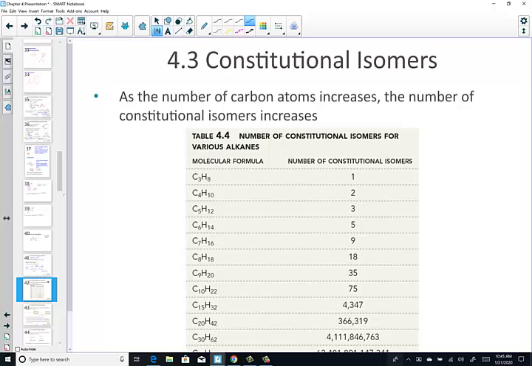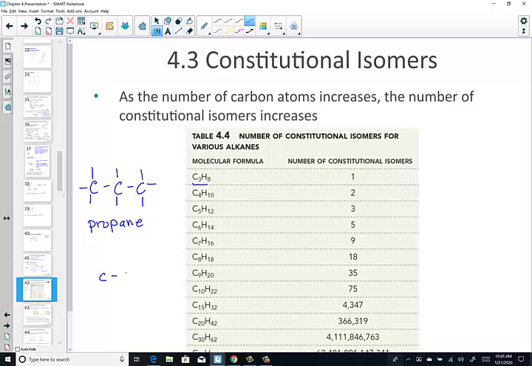Let's say, for example, we have C3H8. One way we can arrange C3H8 is a straight chain, 3 carbons just bonded in a row, and we know to label that propane.